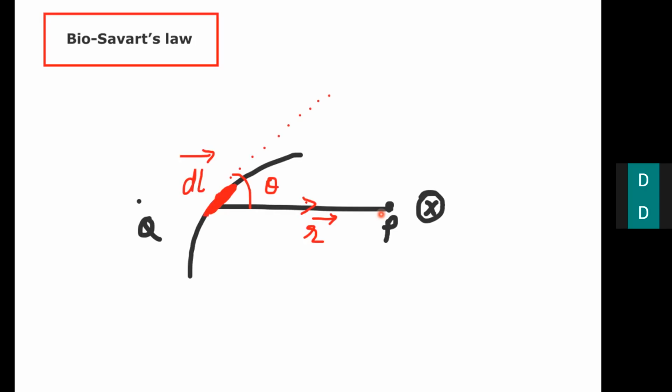So we are interested to know what is the magnetic field at this particular point, that is, at point P. So I will be writing that the magnetic field at a point P, due to a current element.